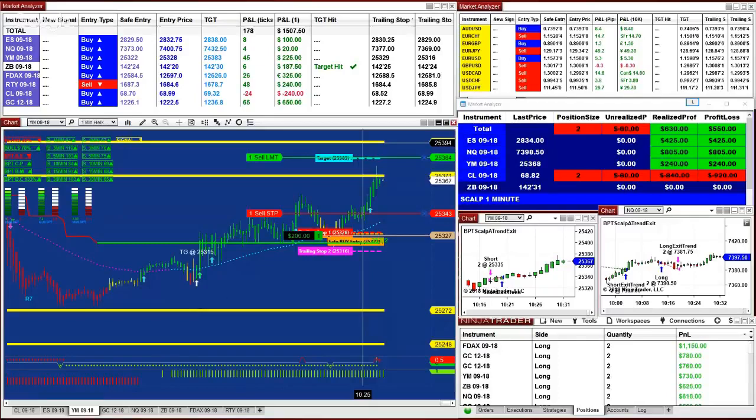Let's look at the ES. I have nothing moving here.